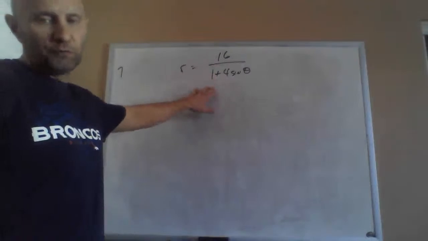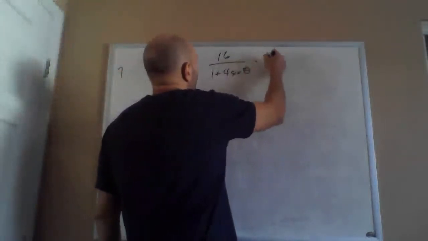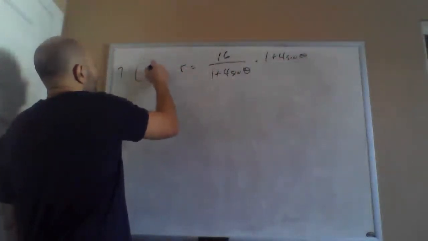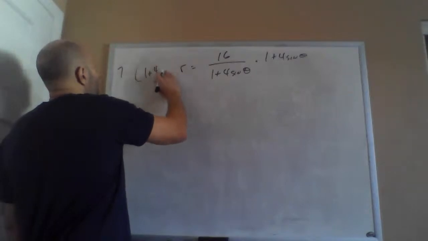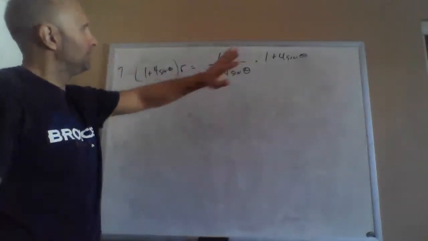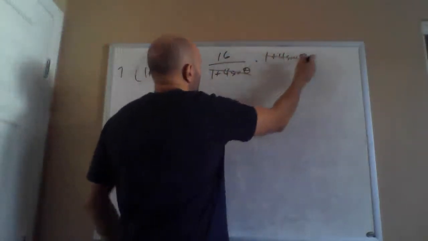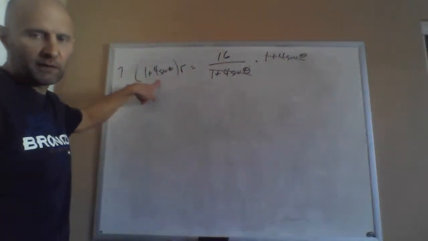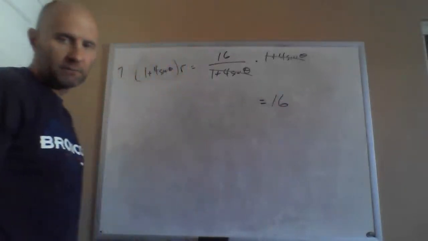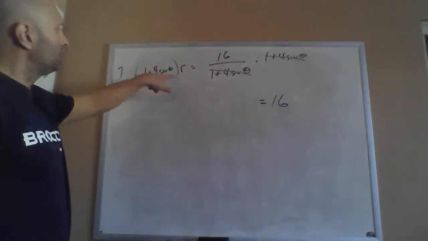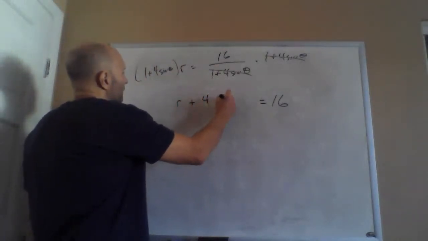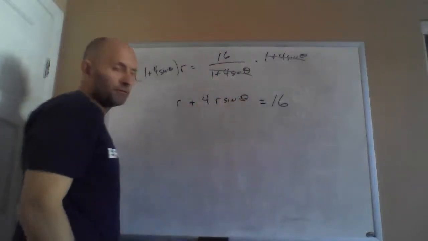So the first thing we're going to do for this problem is multiply both sides by the denominator. So we want to get rid of the denominator here on the right. If I multiply the right by the denominator, I have to multiply the left by the denominator. So on the right side, I'm just left with 16. On this side, I want to distribute the r. So I have r plus 4 times r sine of theta.